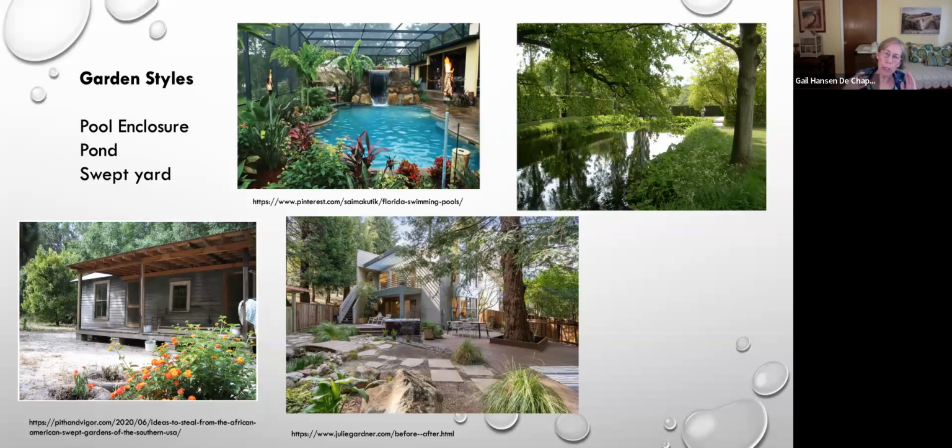But I also wanted to mention the swept yard. Many of you are probably familiar with this concept, a very old concept here in Florida and a lot of places, probably more in the Panhandle and here in North Florida. The idea of the swept yard was to keep the area around your house clear of vegetation.